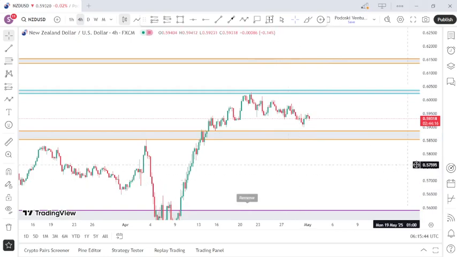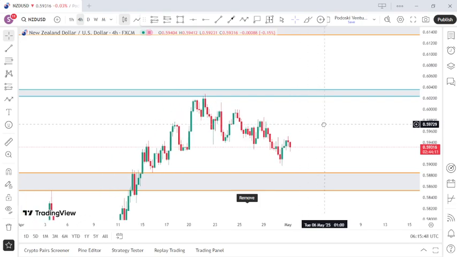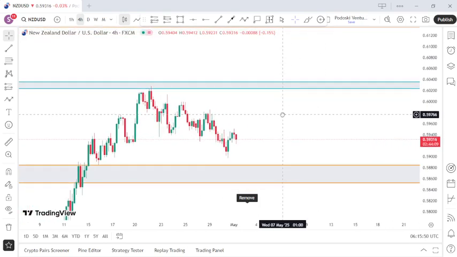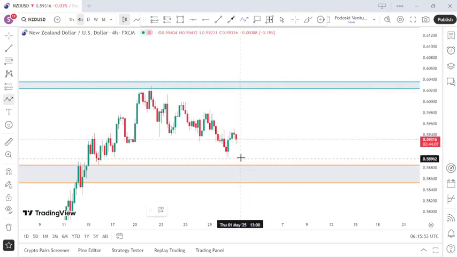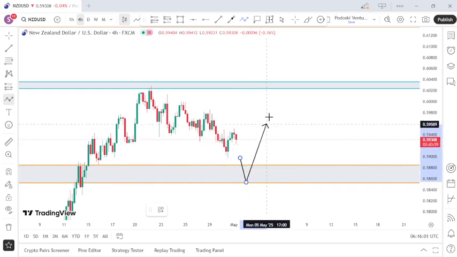Okay, so here we are on NZDUSD for the 4 hour, and you could be certain that price will drop all the way to the weekly zone for the retest before you wait for the candle confirmation and buy NZDUSD all the way to the upside.